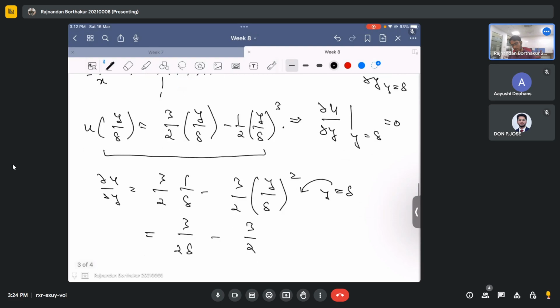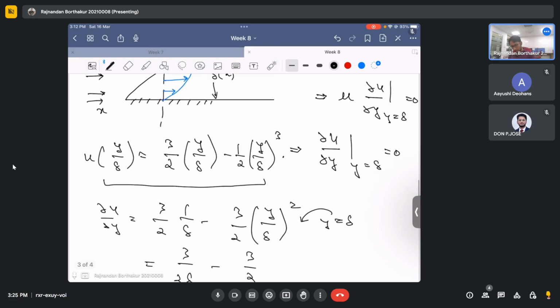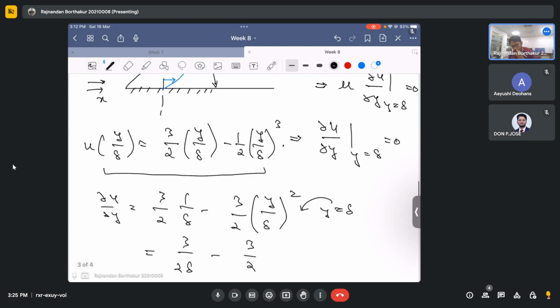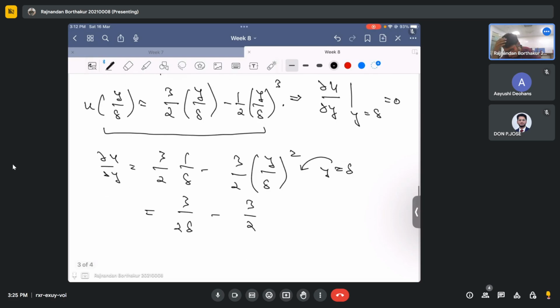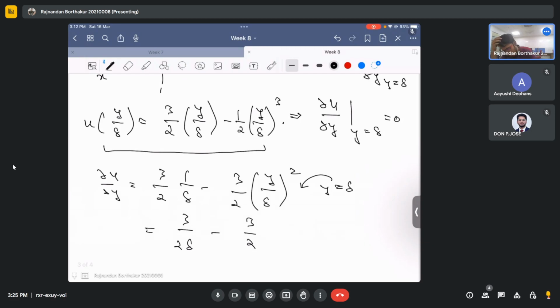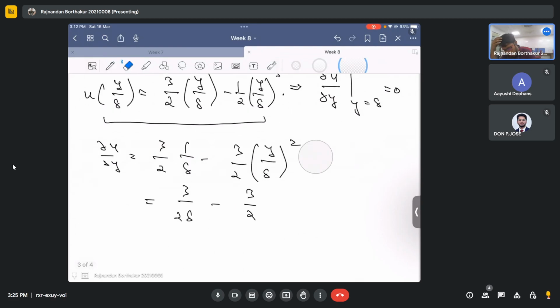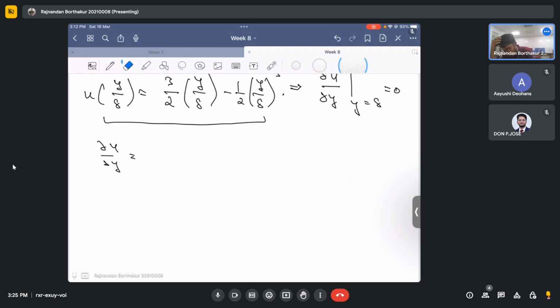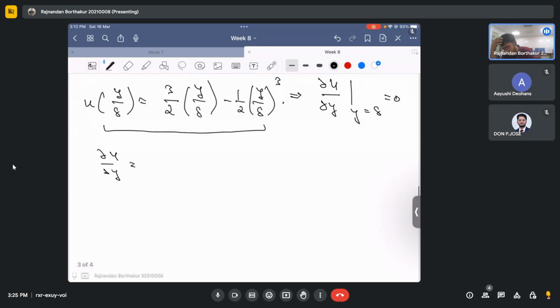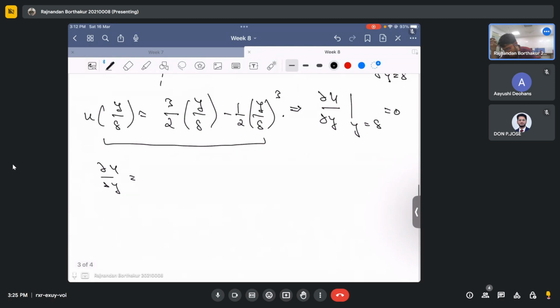Did I make any mistake here? This is 3 by 2 y by delta squared, maybe. So what would be del u by del y here? Let's check it out.